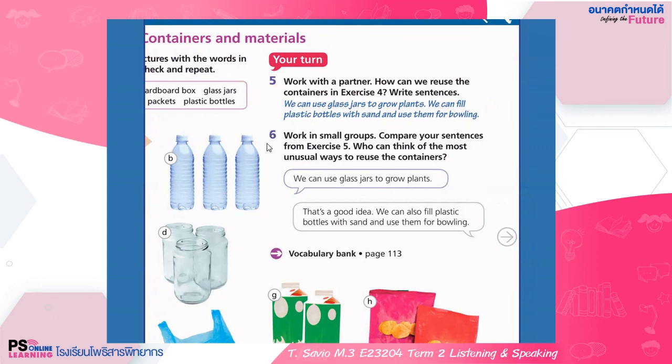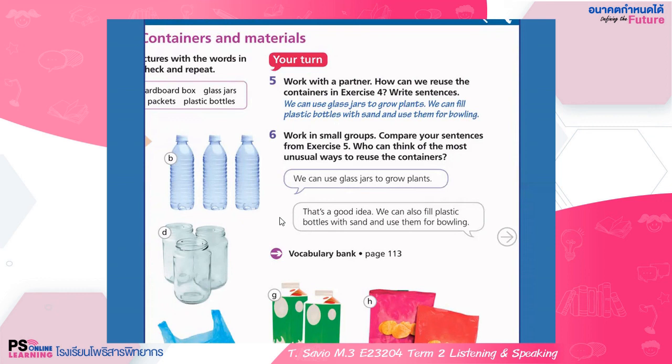Exercise 6. Work in small groups. Compare your sentences from exercise 5. Who can think of the most unusual ways to reuse the containers? Example: we can use glass jars to grow plants. That's a good idea.